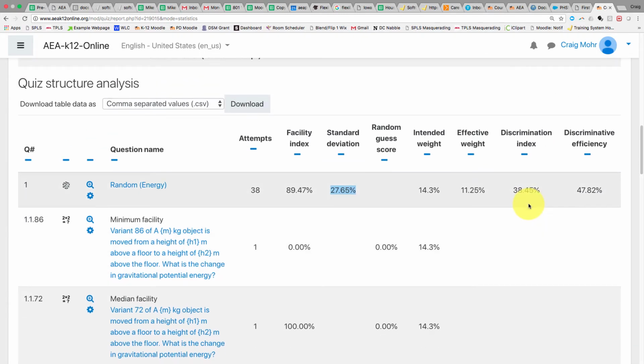On the flip side, if you have a low discrimination index, so it's not a good question, and you have a high standard deviation, that means answers are all over the board and it's not discriminating. That's not a good question.